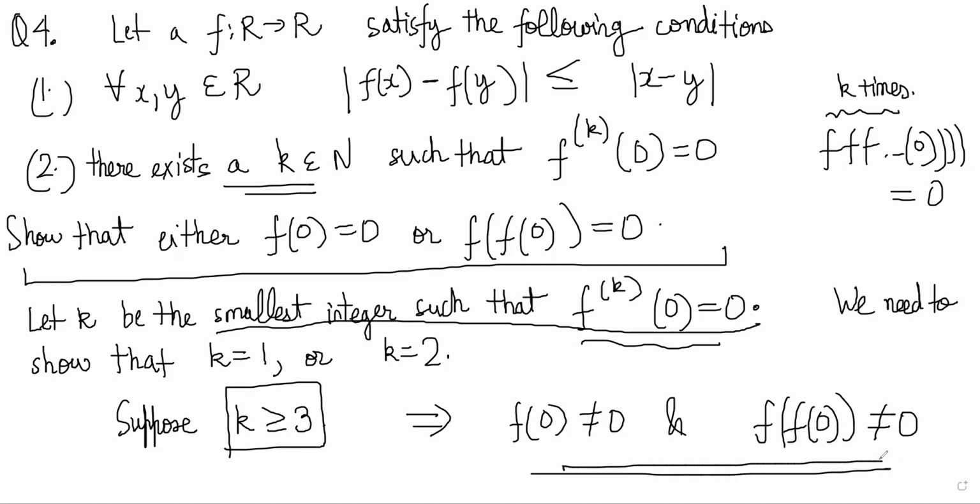Do you understand why? Because k is the smallest integer at which f^k(0) is 0, so any integer less than that will not give 0. That is the contradiction argument. Let's see what happens as a result on the next page.